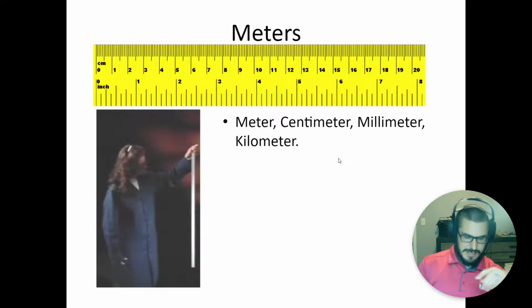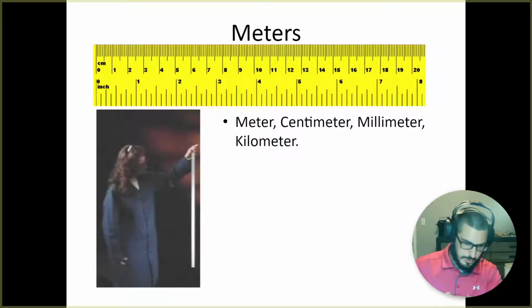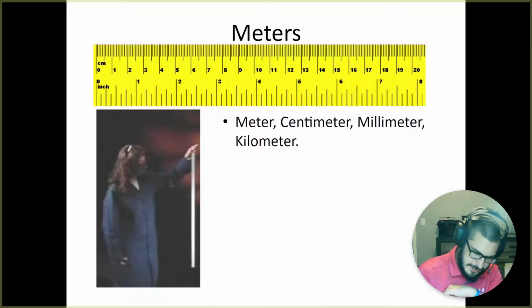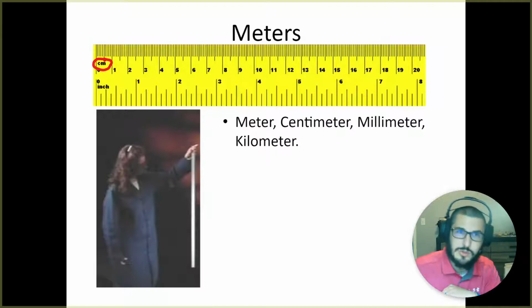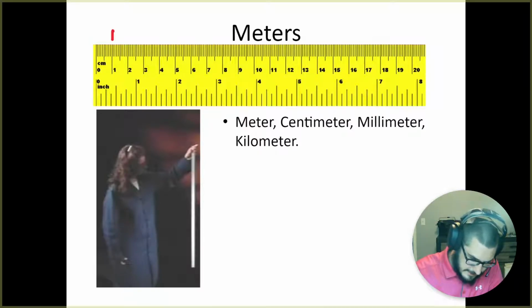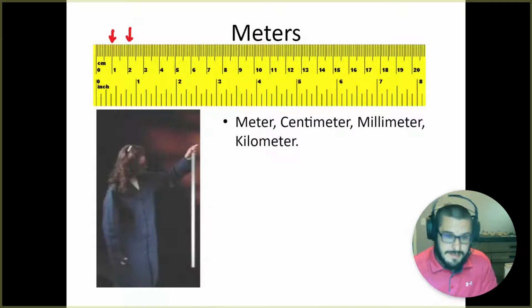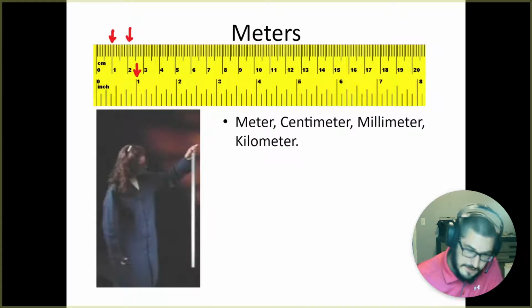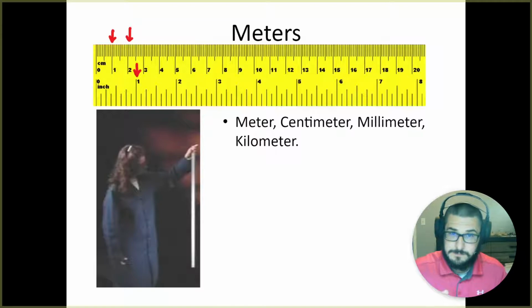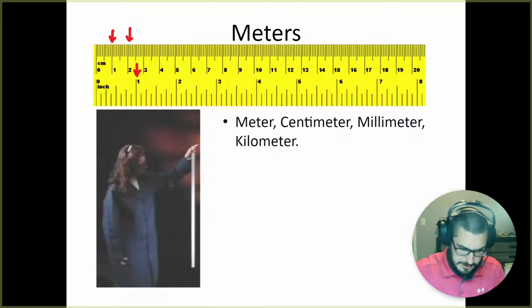So let's look at a more specific example of what that's meaning. If you're looking at this ruler and you see the unit for this ruler is centimeters, that means that each of these, where they show numbers, is a centimeter. Notice that they are smaller than an inch that's shown at the bottom. They're about the size of a thumbnail, a centimeter is.